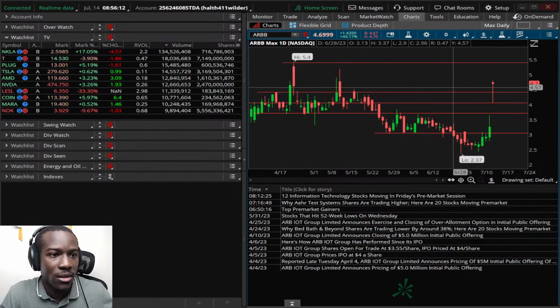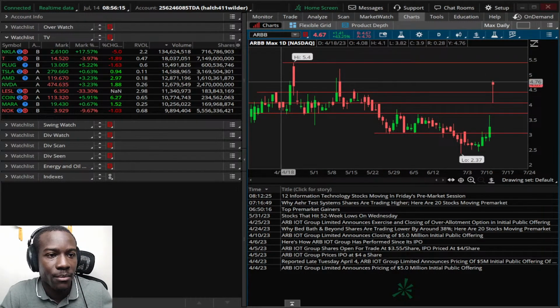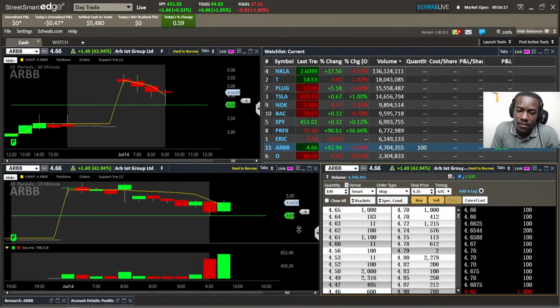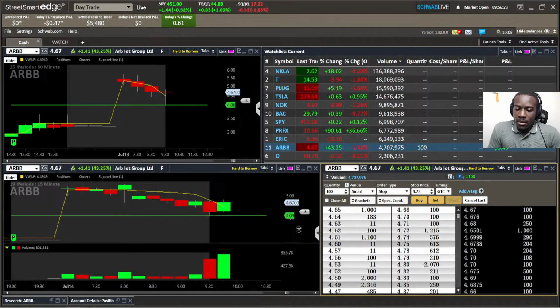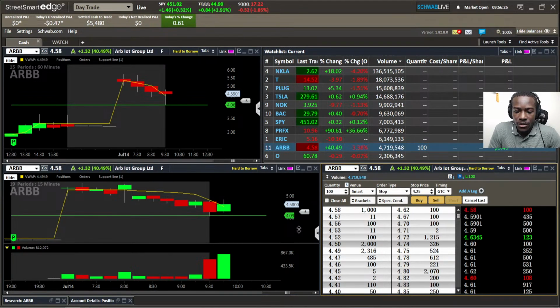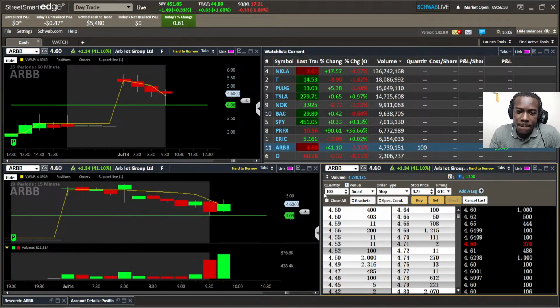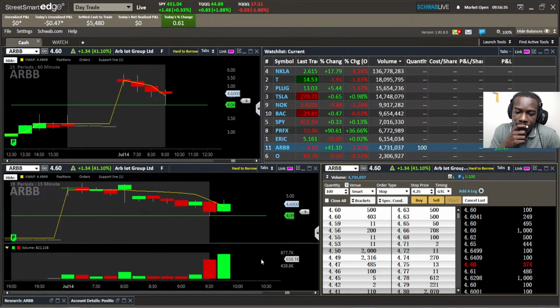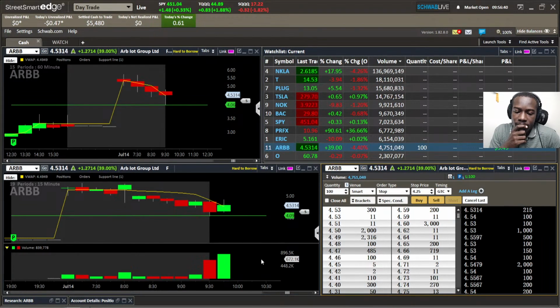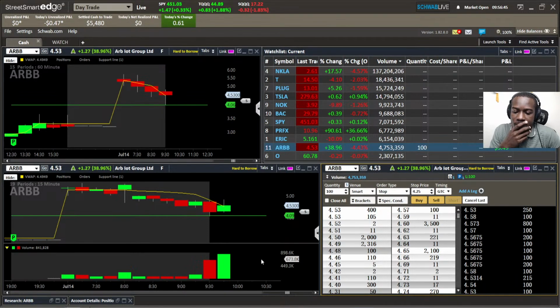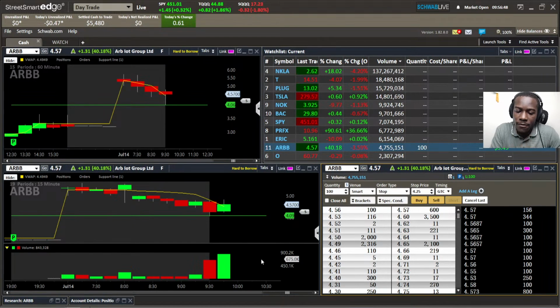Continues to find struggle, though. Coming back red. Looking for that break. Come on, man, you got this. Need those 470s to hold. $450s trying to get tested.